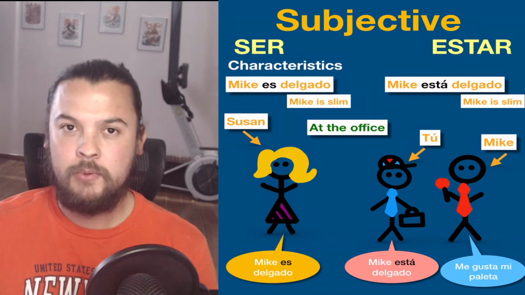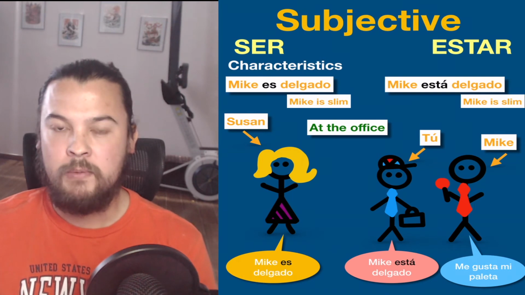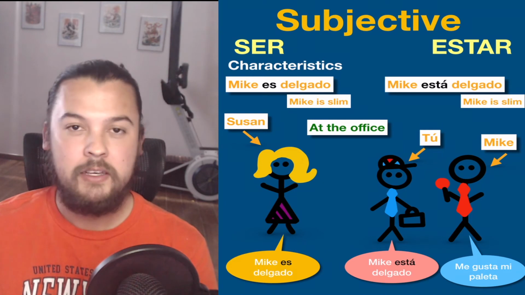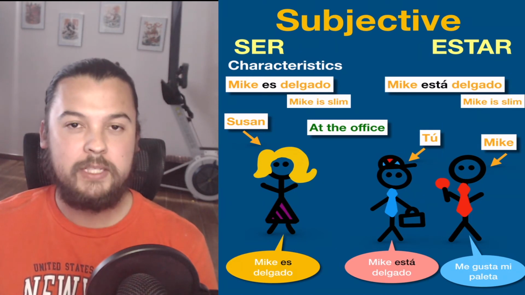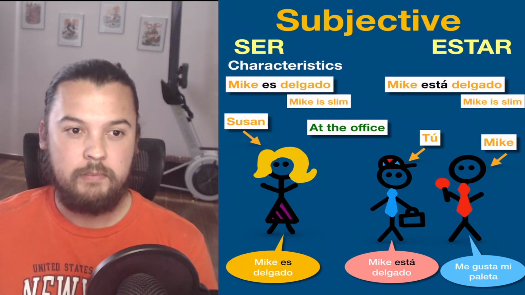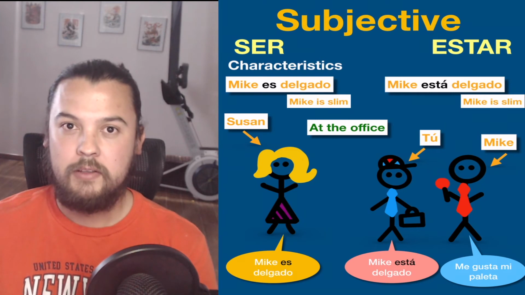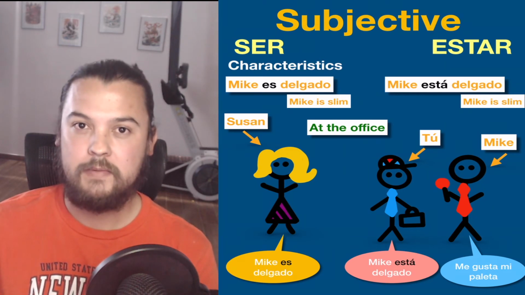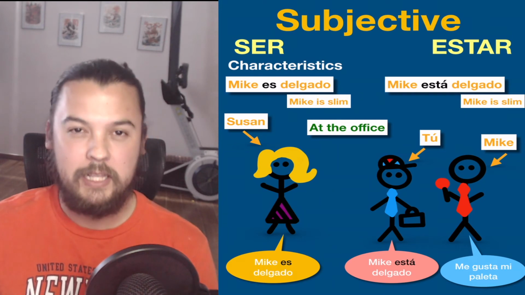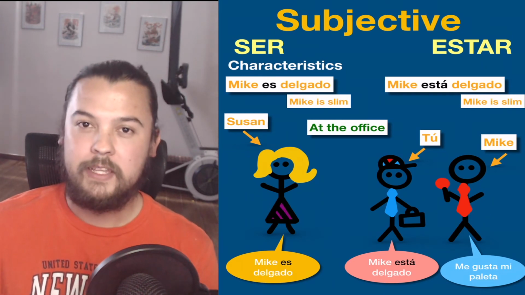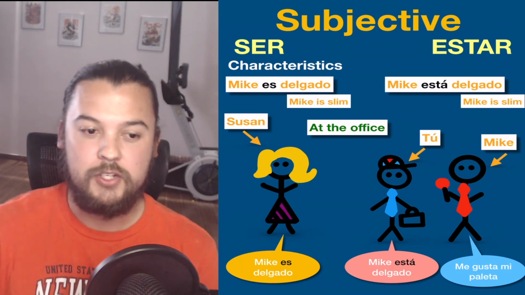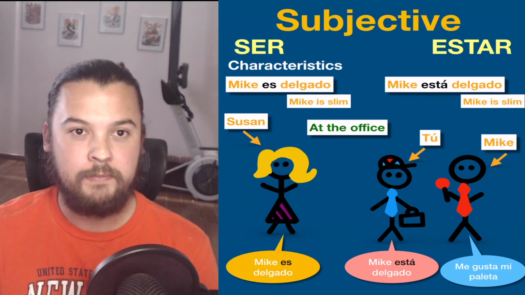No, she will say Mike es delgado because as for her, using her eyes, Mike has always been delgado. Mike has always been slim. She never met the fat Mike. She has always met the slim. So for her, the original state of Mike is slim. So she will say Mike es delgado.